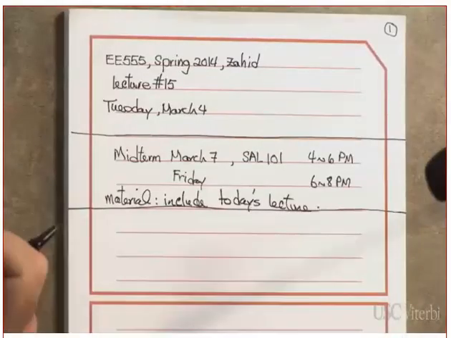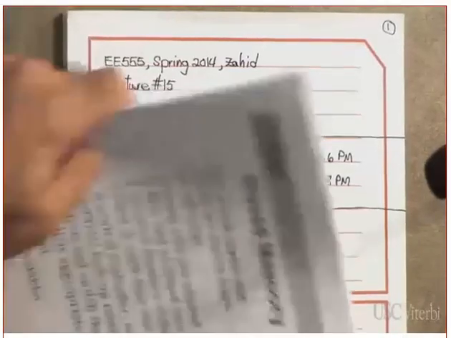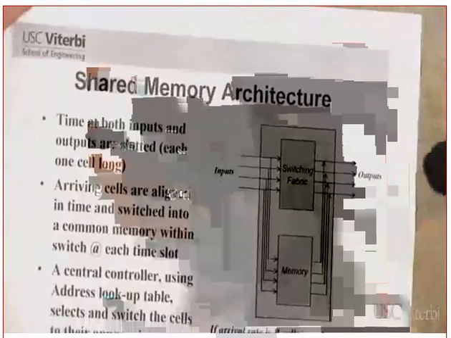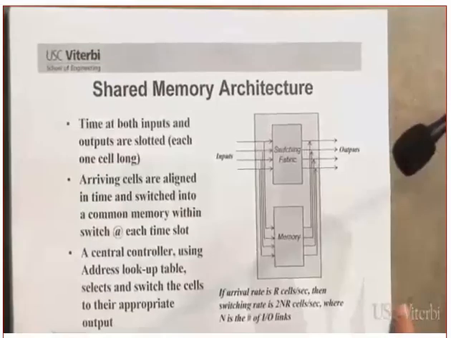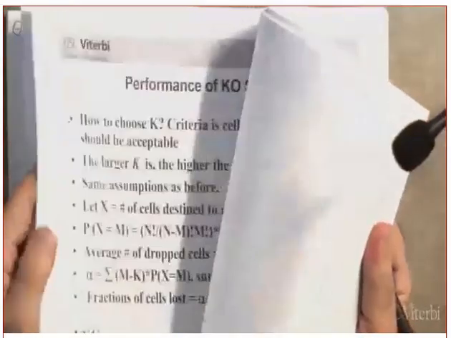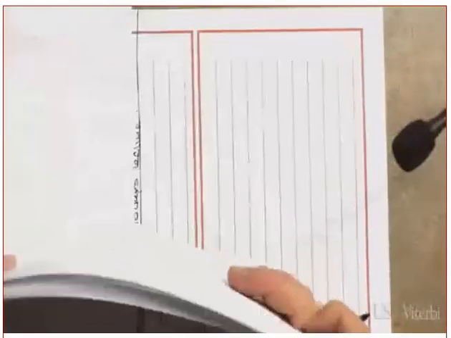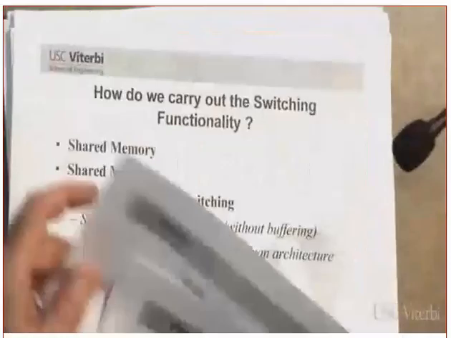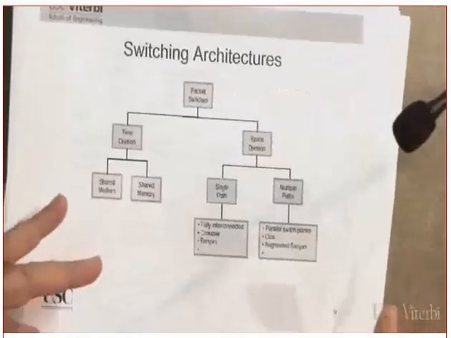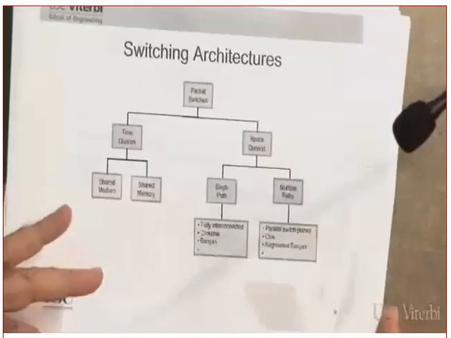Okay, now let's continue our discussion from last time. We started looking at the different switching architectures, and we said that we have two types. We have time switches and we have space switches.